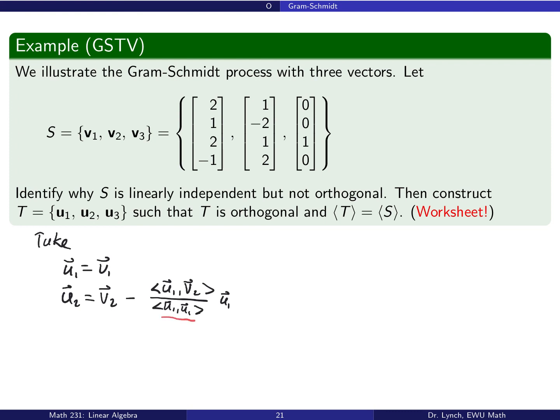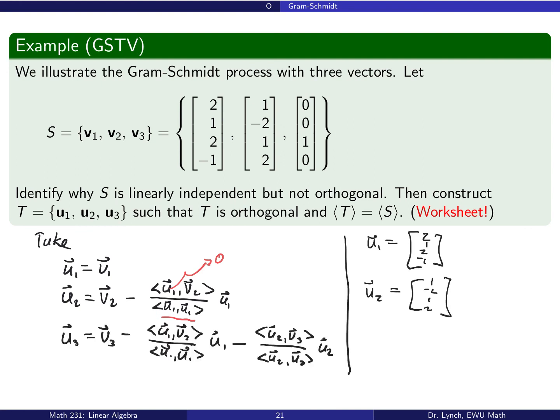Now, in this example, it turns out that U1 and V2 are already orthogonal. So in this example, it turns out that this element is 0, and we get that U2 is V2. And then we do the same thing for U3, sort of thinking about it as V3 minus a couple scalar multiples of U1 and U2.